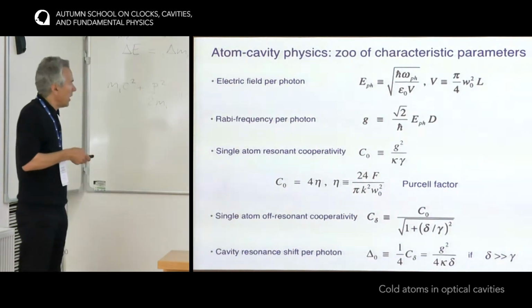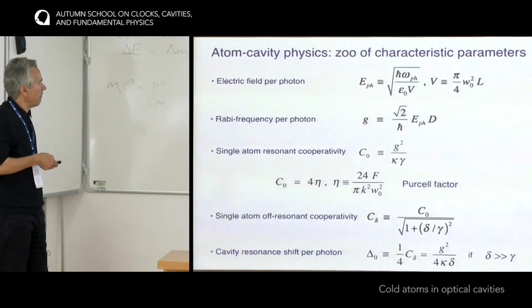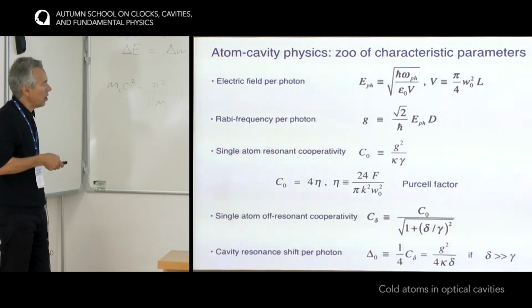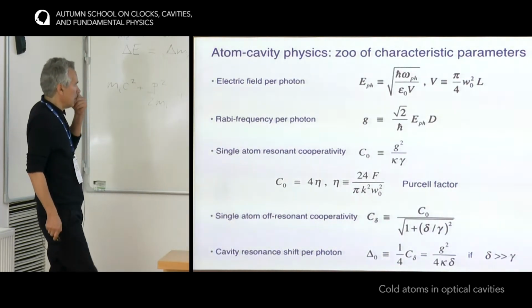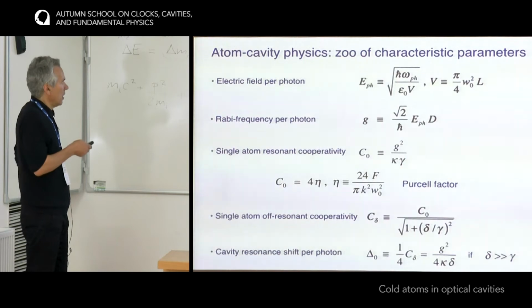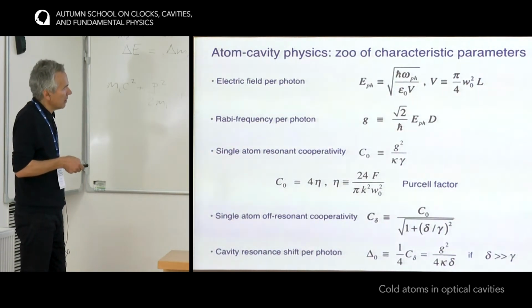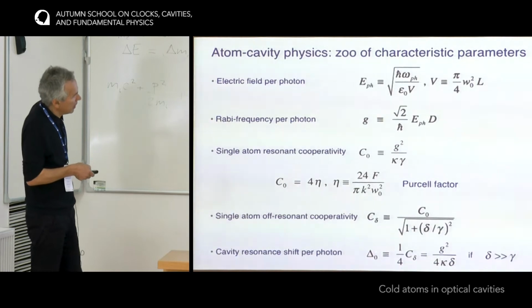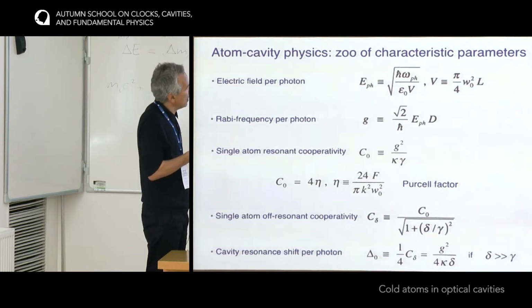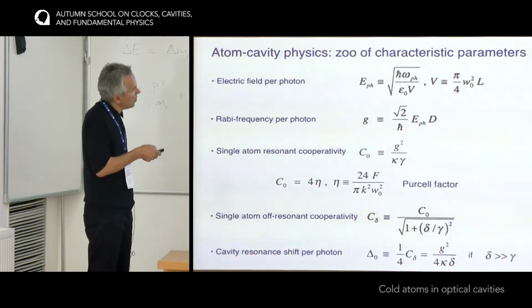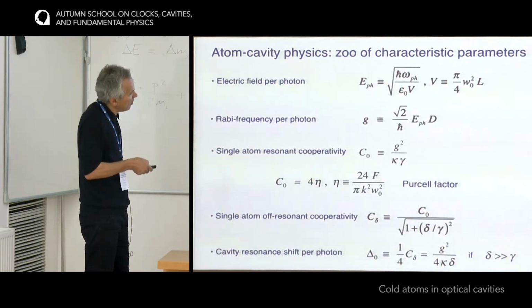Then you can ask yourself, what is the cavity resonance shift per photon? How much do you shift the resonance per photon? This is the quantity I'm writing here, 1 over 4 times C delta. If you express that in terms of g, instead of g squared divided by kappa and gamma, you get g squared divided by 4 kappa and delta.